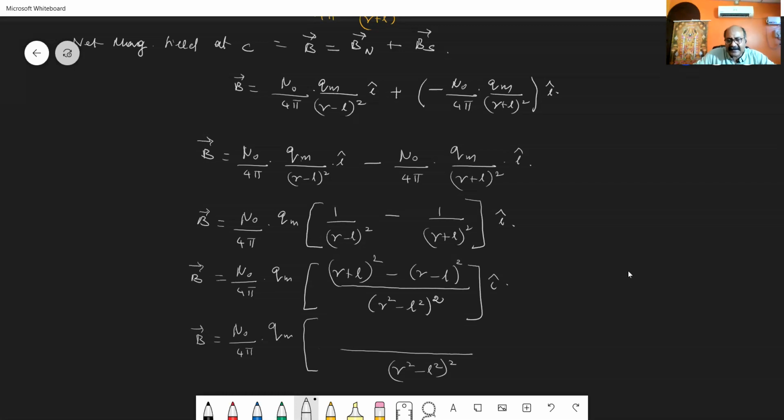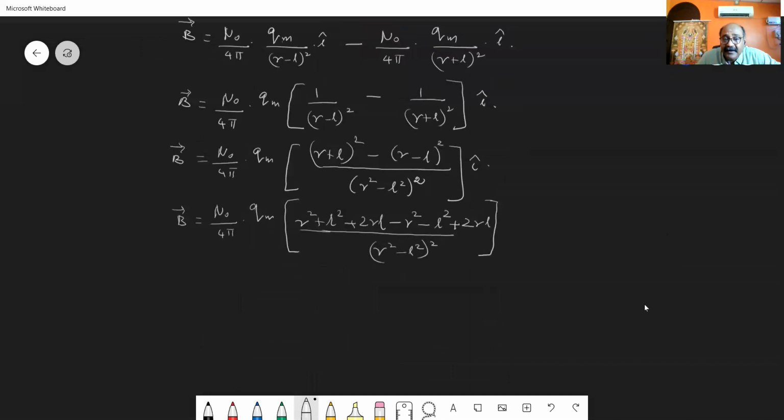You simplify this by expanding: R square plus L square plus 2RL, minus R square plus L square minus 2RL. Instead of minus of minus, it becomes plus 2RL. Hope you have understood.